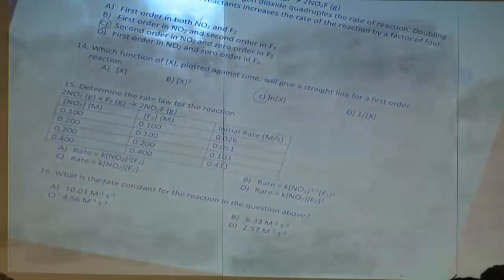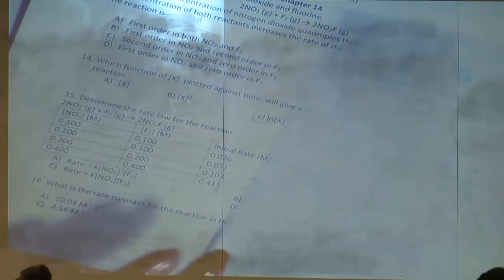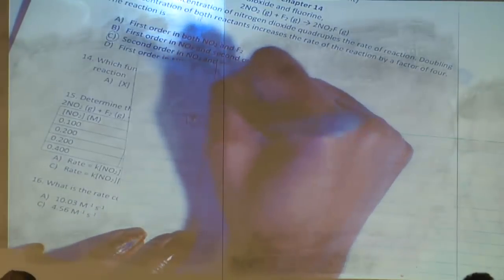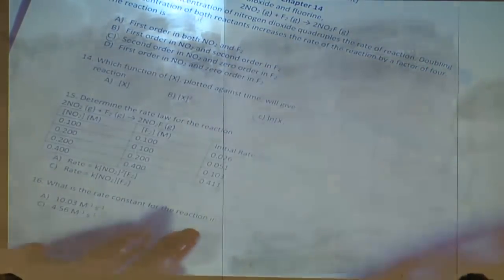Now we're going to use a chart I gave you guys to figure out 15 and 16. For 15, we're going to figure out the rate law of this reaction. All right, so to do this, we know the rate is going to equal K times concentration of NO2 to the x, which we don't know yet, and then times concentration of F2 to the y, which we also don't know yet.